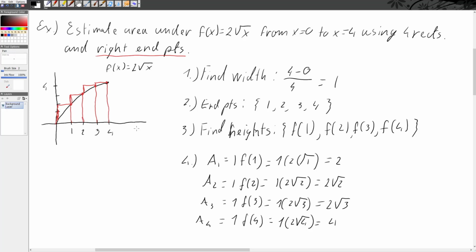And so the total area made by these 4 rectangles is going to be the sum of A1 through A4, which is going to be 2 plus 2 square root of 2 plus 2 square root of 3 plus 4.